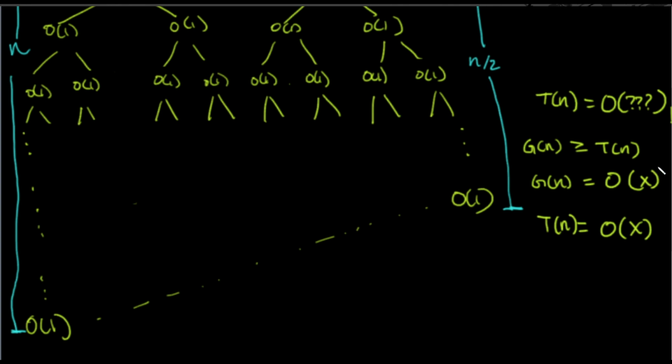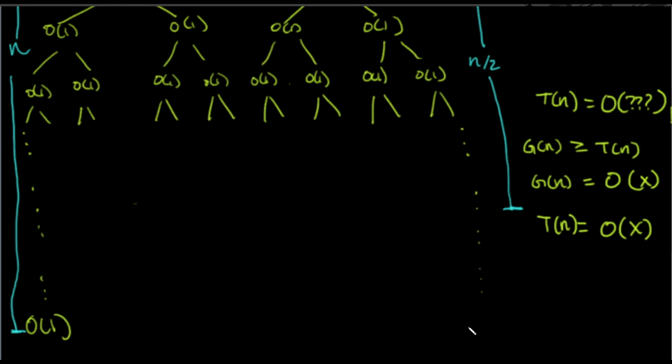What we're going to say is we don't know how to add these nodes up, but it would sure be a lot easier if we had not a lopsided tree. So I'm going to apply this concept here and make my G of n even bigger than T of n.